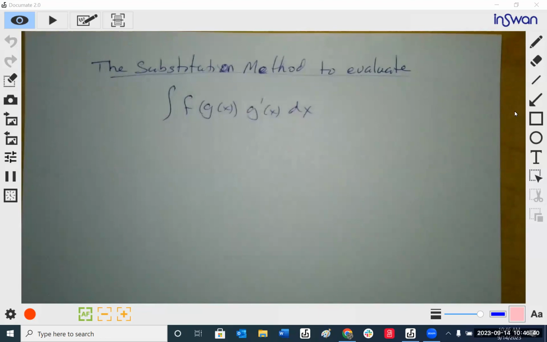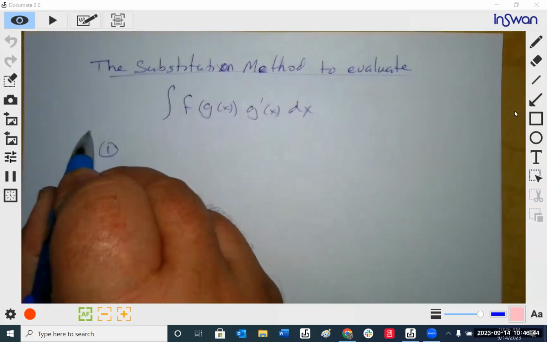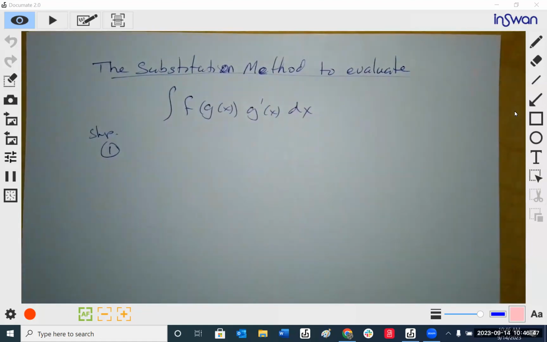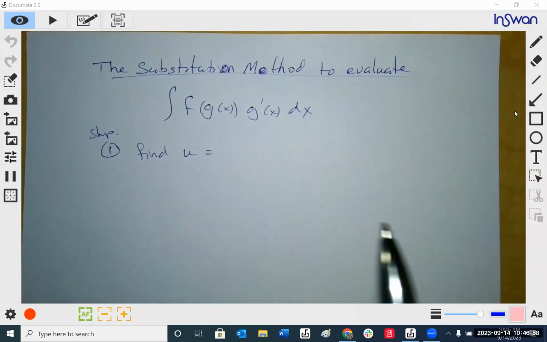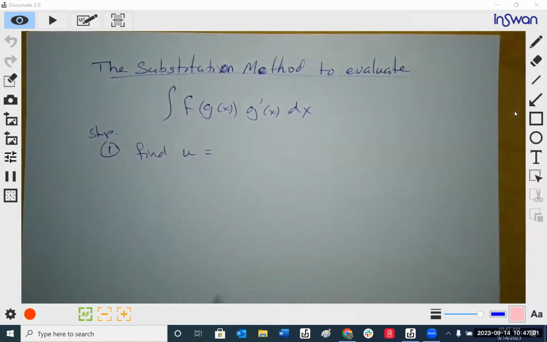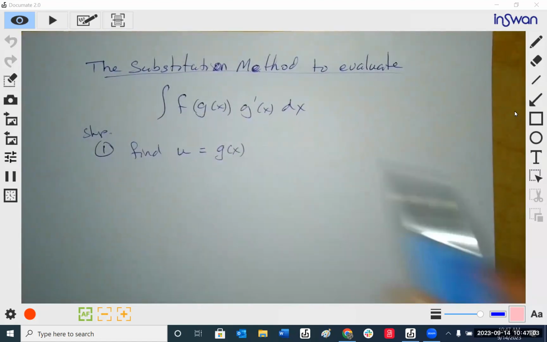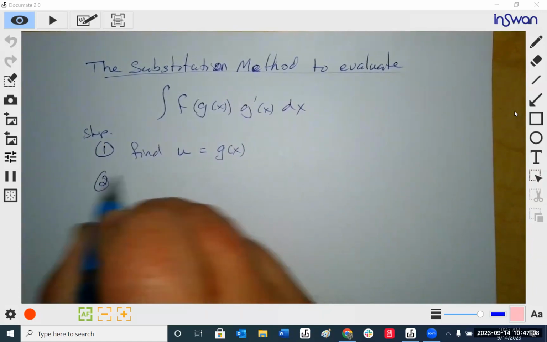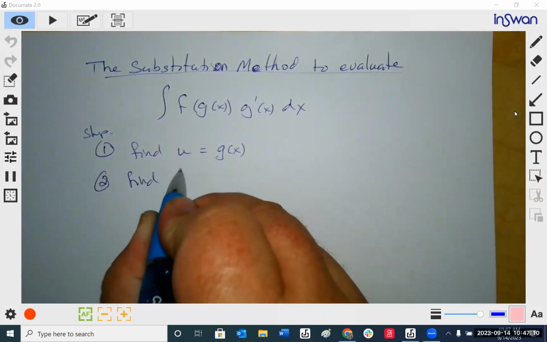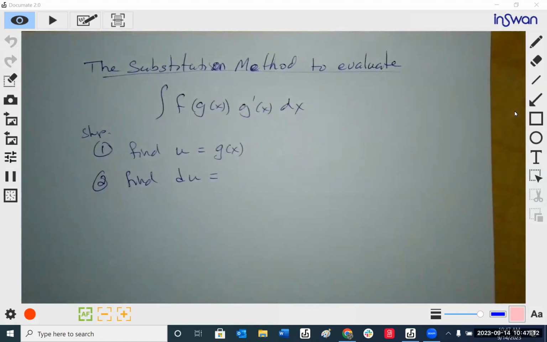Using the substitution method to evaluate that, what's my first step? It's what you said earlier. Find u. What is u going to be in this equation? Because that's what's defined. Then you have to find du.